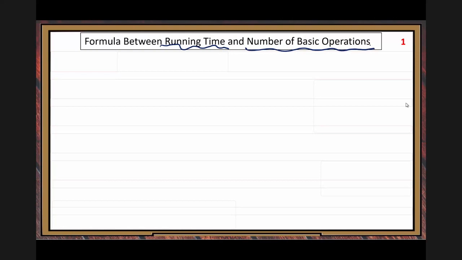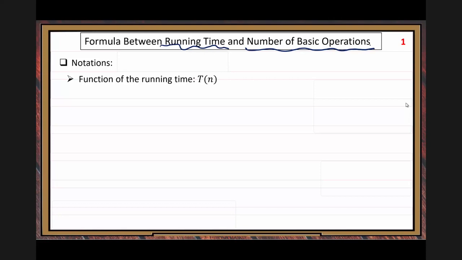This section is pretty abstract, so we need to use some abstract notations to study the algorithm efficiencies. First, we define the running time function T of n. We know it's unstable, but here we use this function.